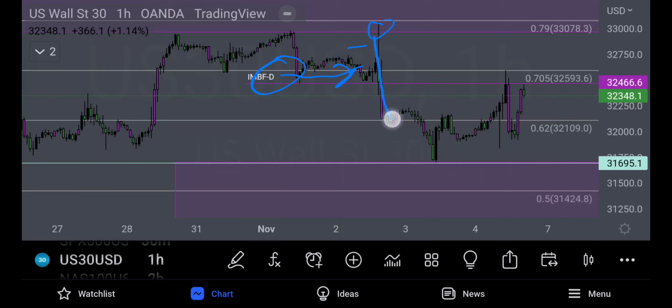But price began to deliver lower, then pushed back up to fill this 1 hour FVG. We have a 1 hour order block here that was respected as well, and now it's pushing down lower.